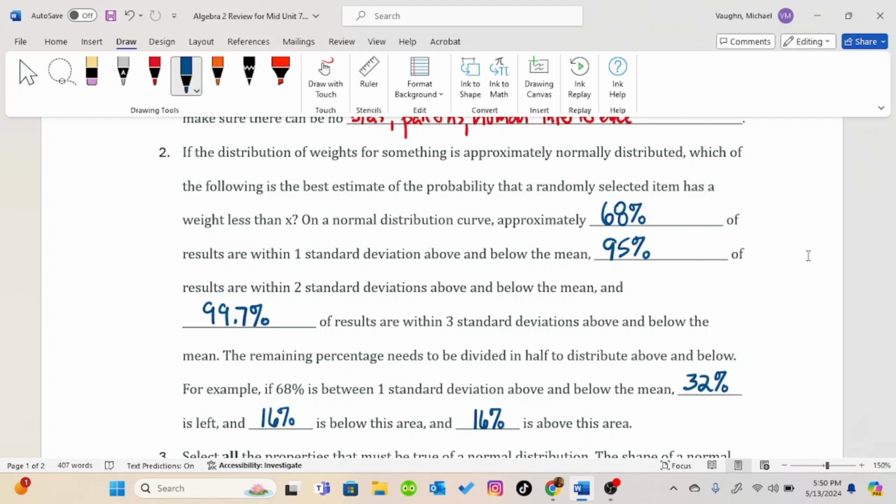So as you're answering these questions, think about how much is inside the area you're talking about, and then how much does that leave outside of the area. And if you have equal amounts below and above the area, you need to remember to split that remaining percentage between the two.